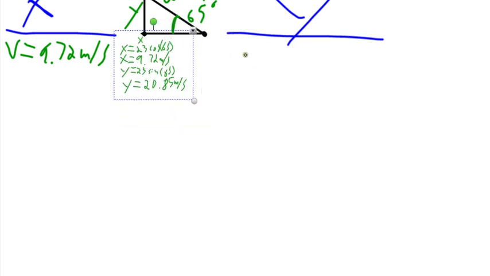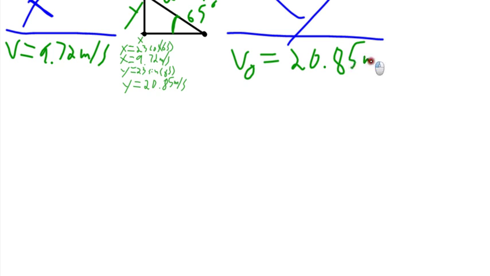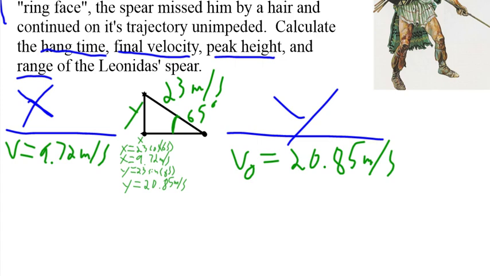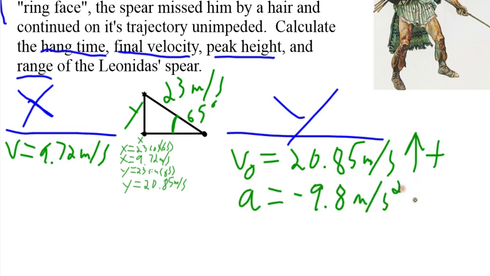For my y, I know that my initial velocity is 20.85 meters per second. From here, we can start listing our other variables. We know that this initial velocity is going up, so we have set up as our positive. So when we talk about the acceleration due to gravity in the y, it now must be negative 9.8 meters per second squared because it's going down.